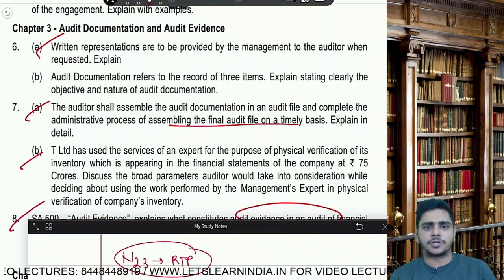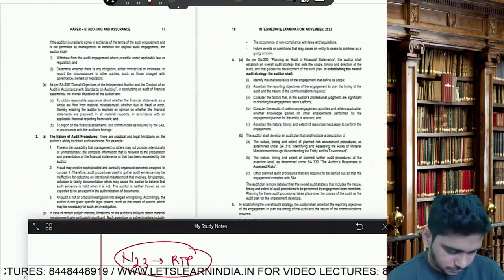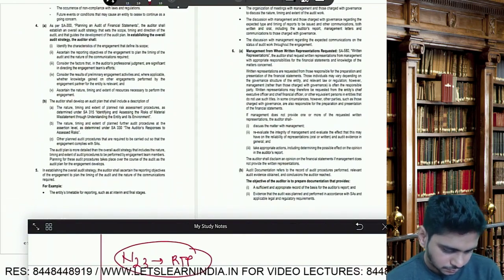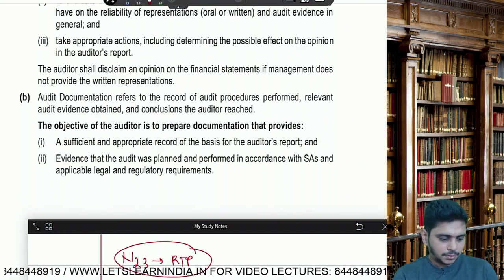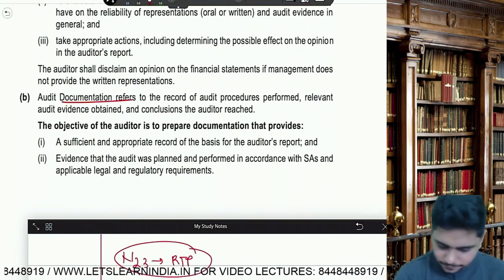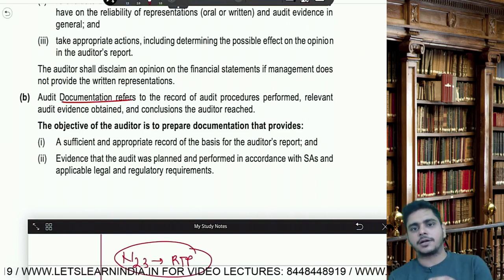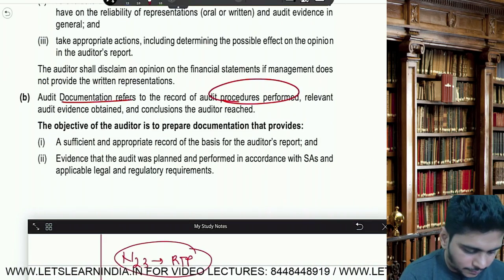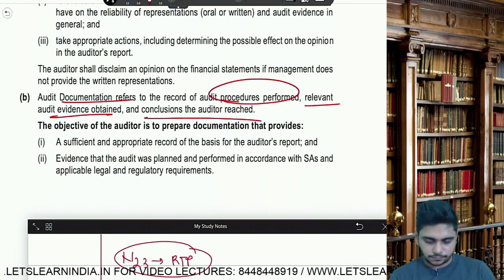Audit documentation refers to the record of 3 items. Explain the objective. So the definition of audit documentation says it refers to the record of audit procedures performed, relevant evidence obtained and conclusions reached.